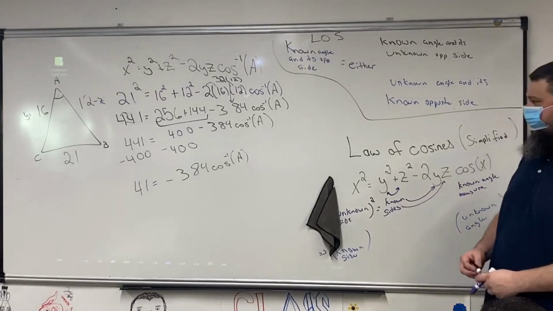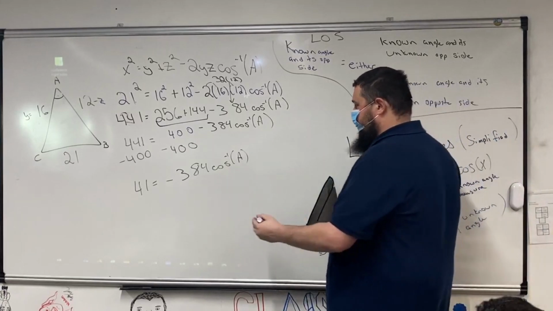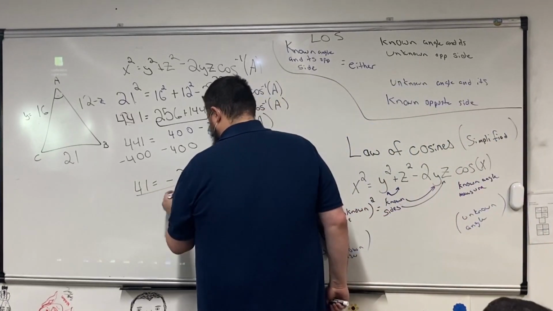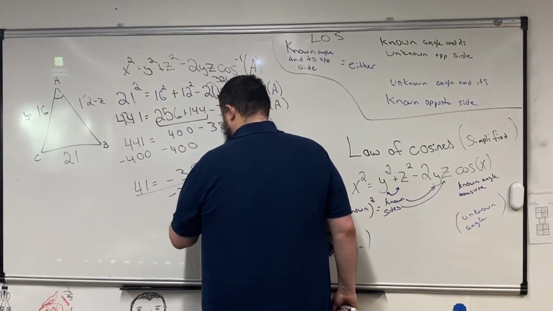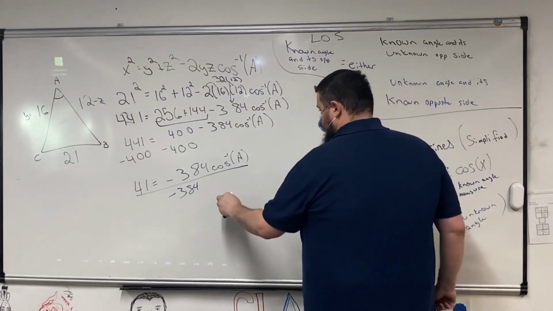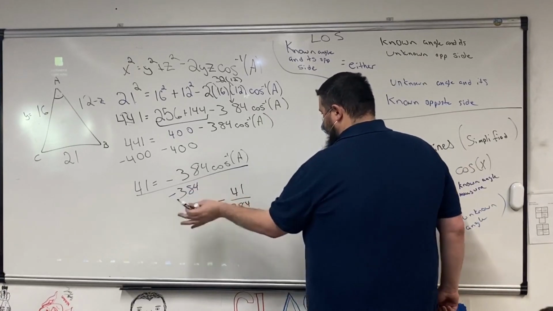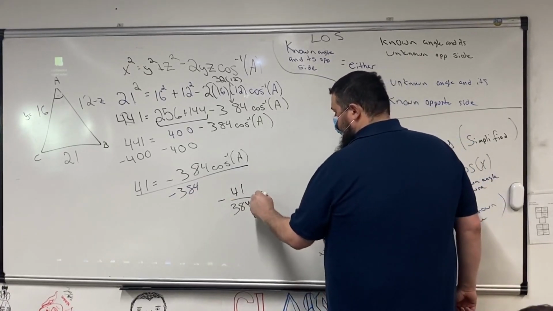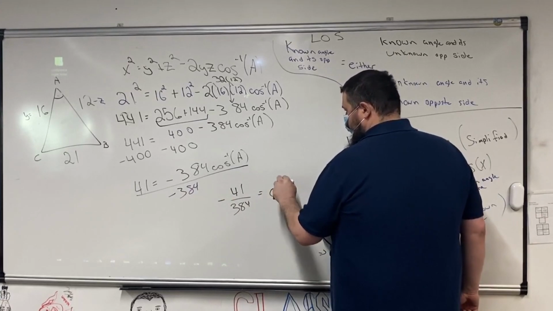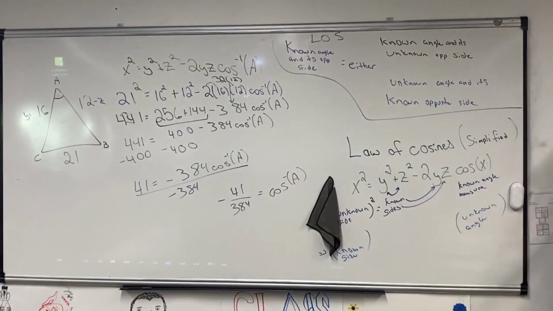We're trying to isolate A, so divide both sides by negative 384. That's going to leave me with negative 41 over 384, I'm just moving the negative out front, is equal to inverse cosine of A. And now we just put that in our calculator.